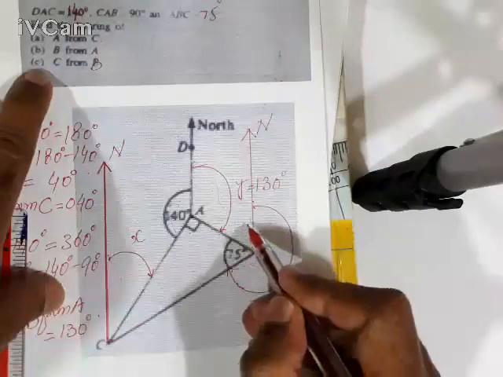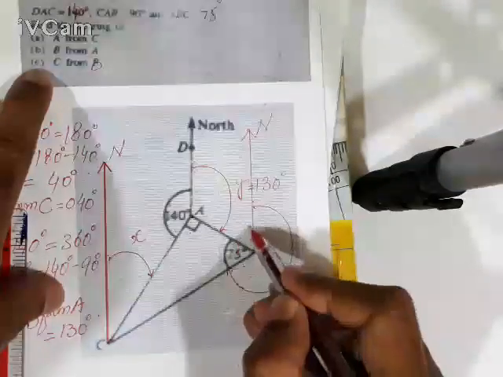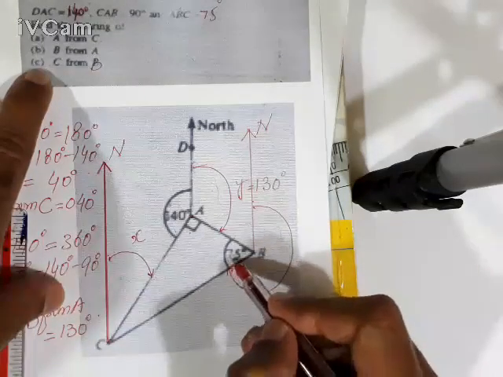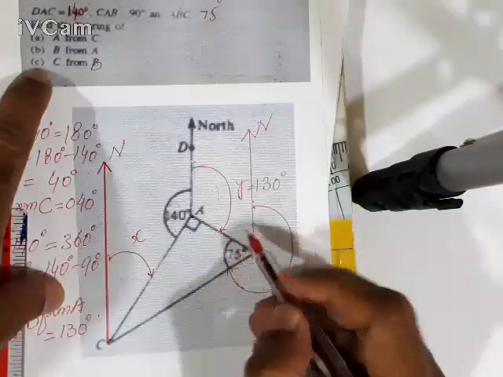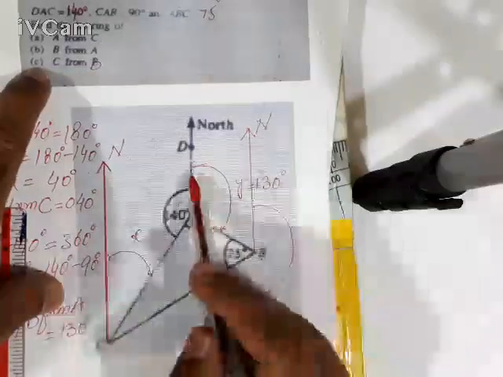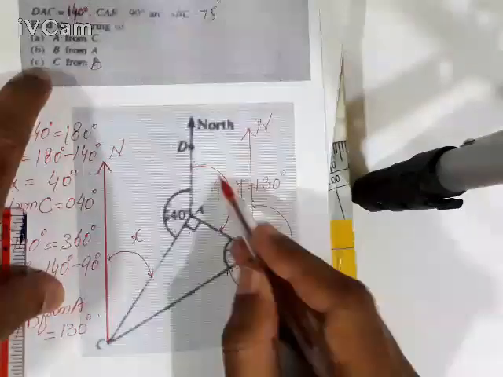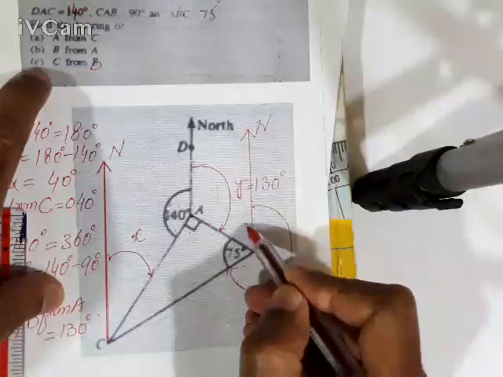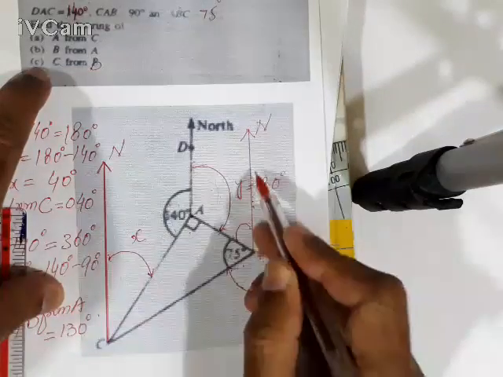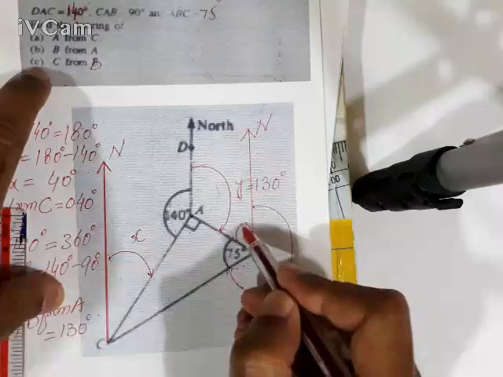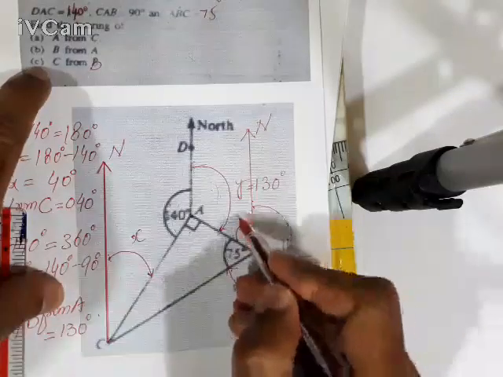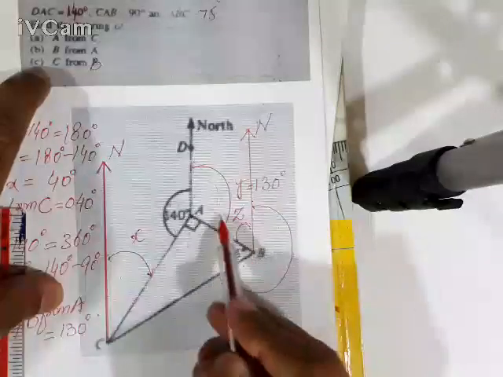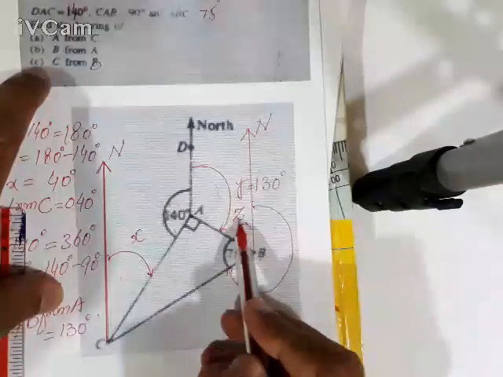Now how do we calculate this outer angle? First of all, we know that we have to calculate this angle. Already the inner angle is 75. Now we have to calculate this angle. How will we calculate this angle? Because this angle Y is equal to 130 degrees, let us suppose that the name of this inner angle, when these two lines are parallel, is Z. So the sum of two interior angles is equal to 180 degrees.